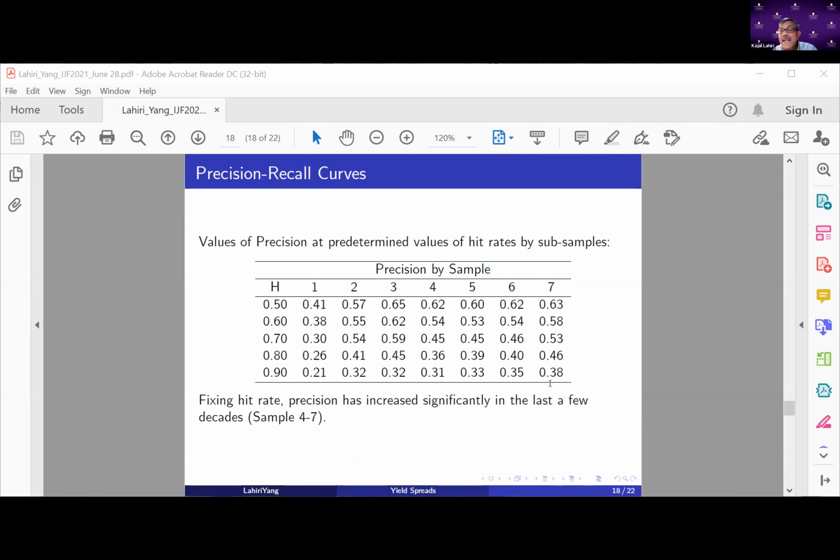So rather than saying that the yield curve is losing predictive power, what you see is actually that in fact it is gaining. It's not losing its predictive power. For each hit rate, whatever hit rate is your risk tolerance, okay, you can choose. It depends on your utility function, 90%, 80%, 50%, whatever.